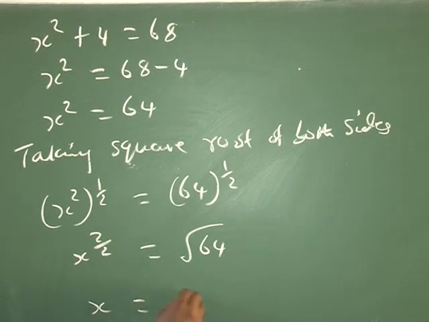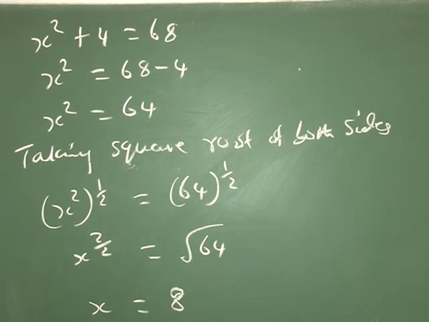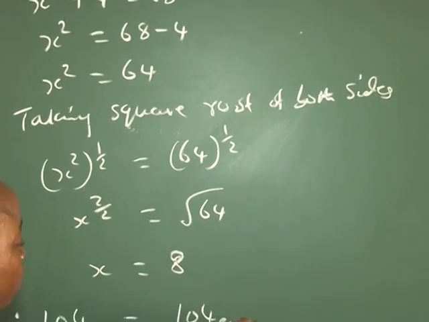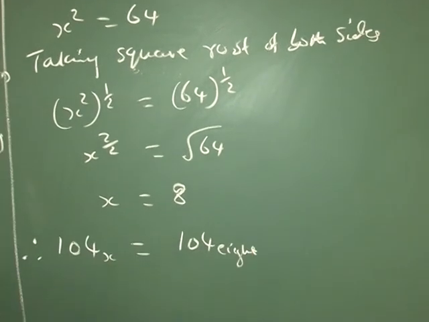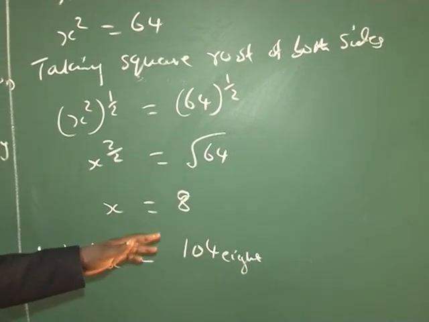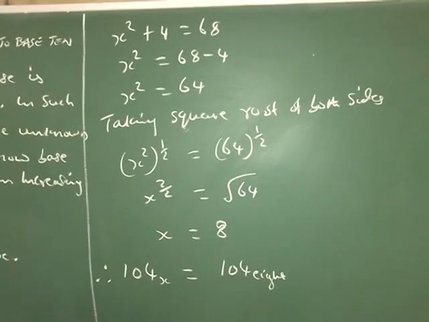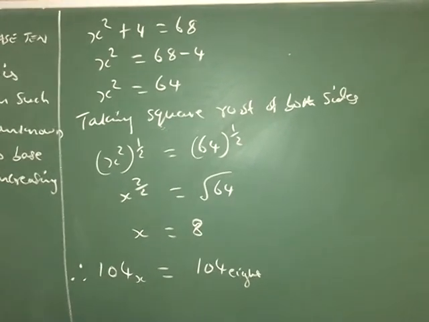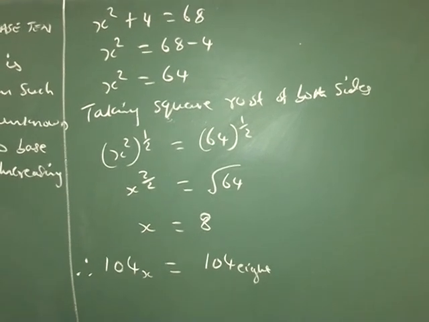So x is 8. Of course, the square root of 64 is 8. Therefore, 104 in base x is the same as writing 104 in base 8. You see? So we are able to determine the value of x using this process. Okay, we'll also look at another example.